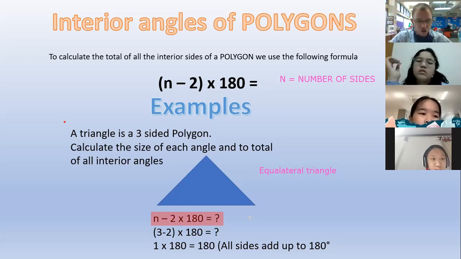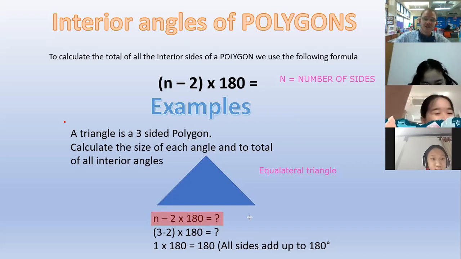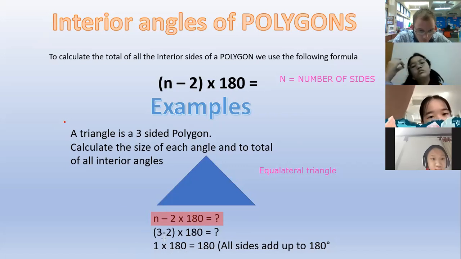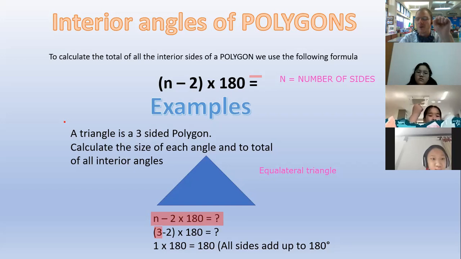So n minus 2. Number of sides. Triangle has how many sides? You can tell me. 3. So we take the 3 over here, minus 2, and times by 180. 3 minus 2 is 1. 1 times 180 is 180.